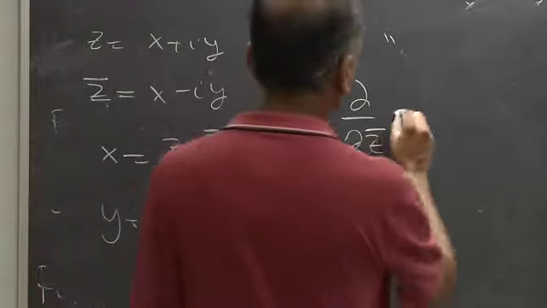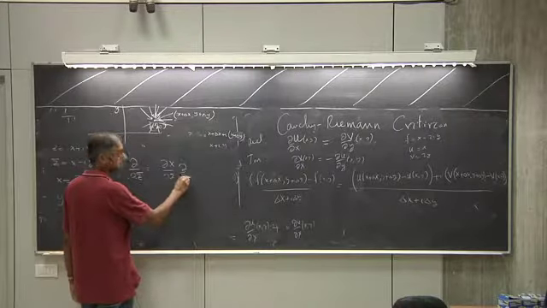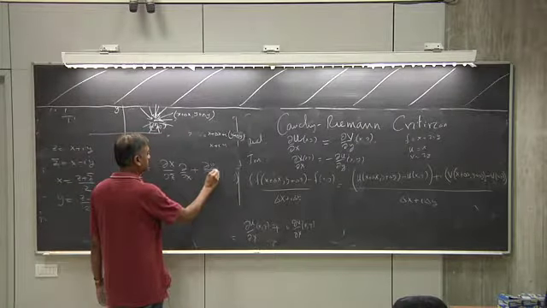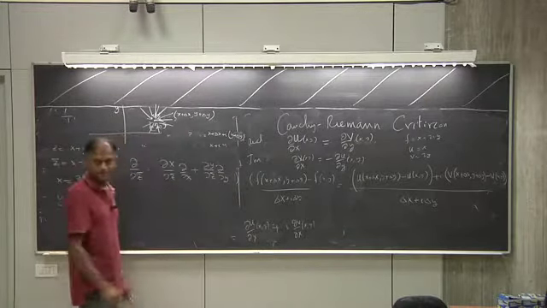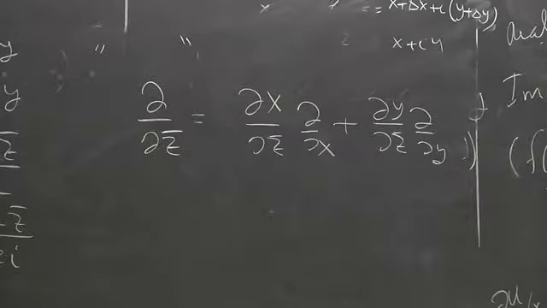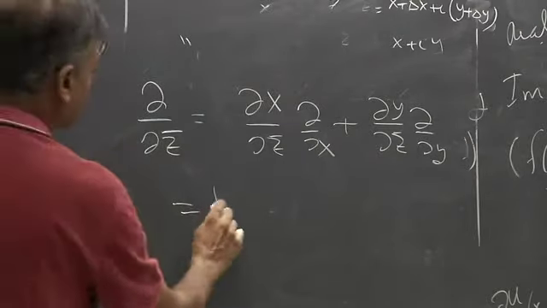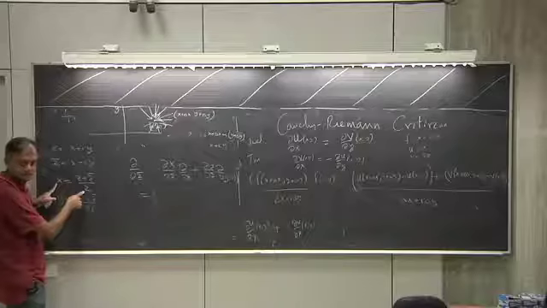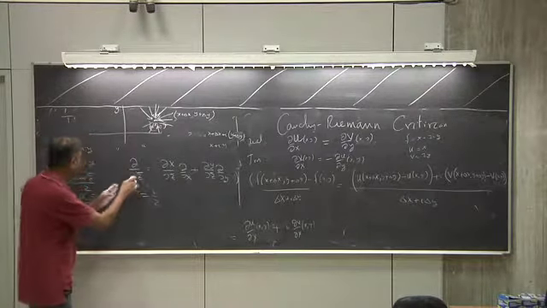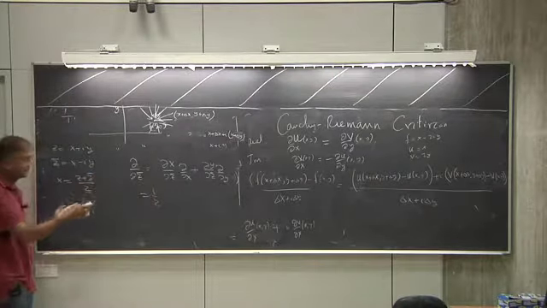You can write this as dx by dz bar, d by dx, plus dy by dz bar, d by dy, acting on any function f of x, y. Using the definition, dx by dz bar is 1/2. What do I mean by partial z bar? Meaning that I keep z fixed and just change z bar.